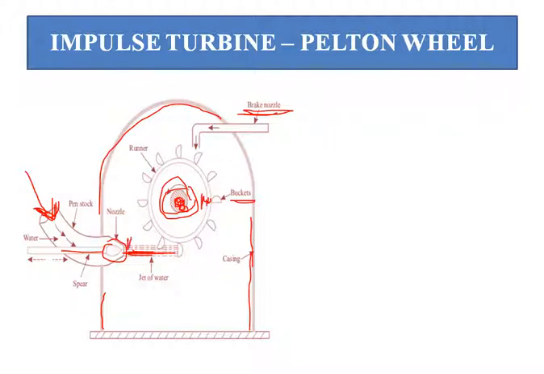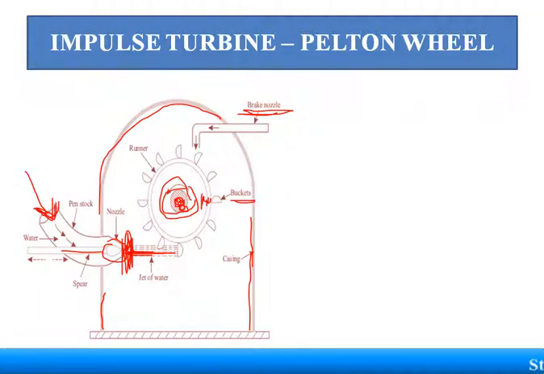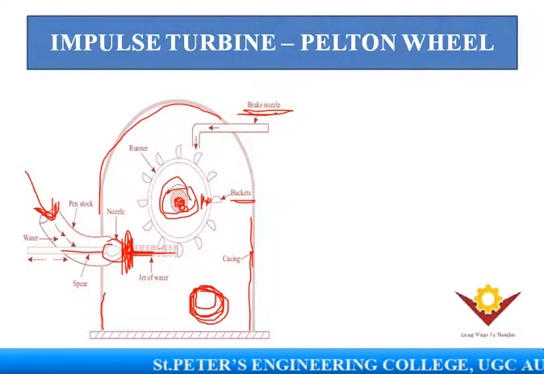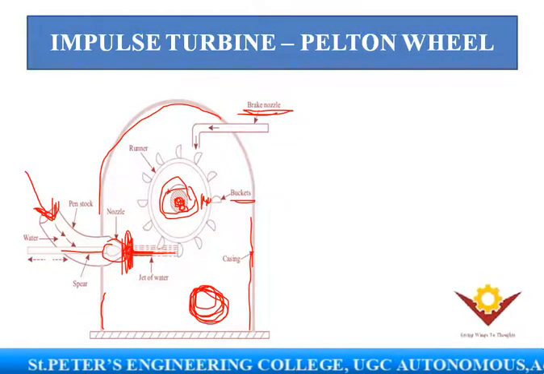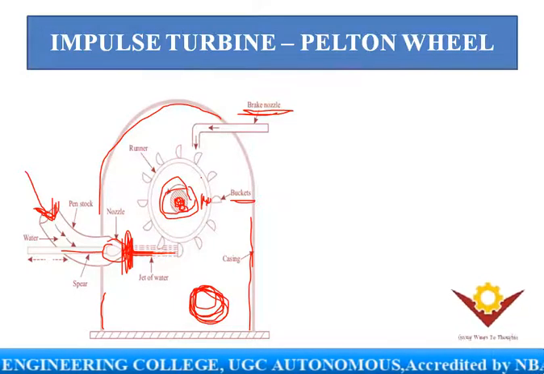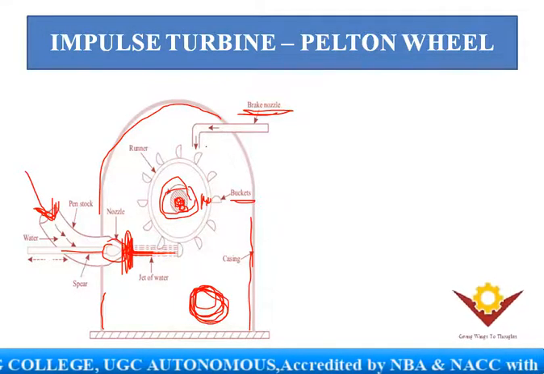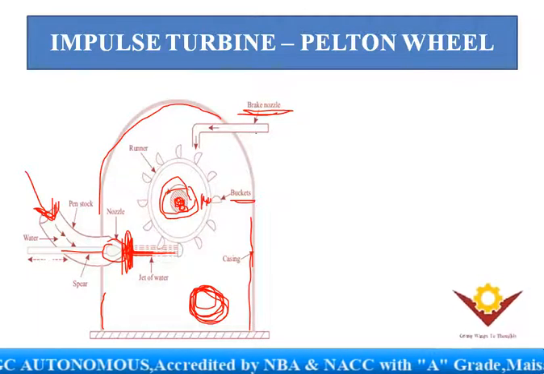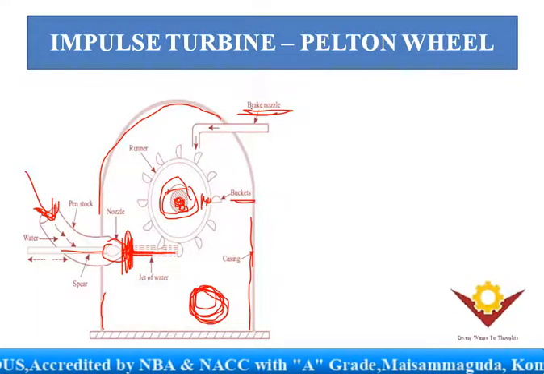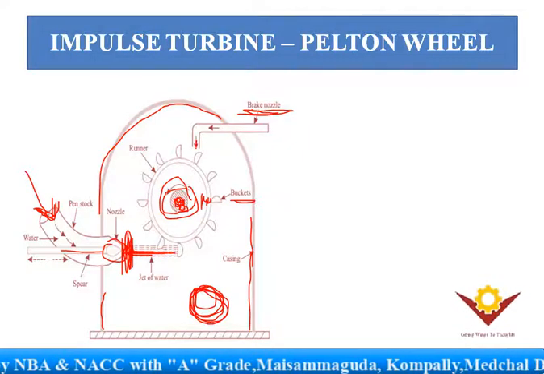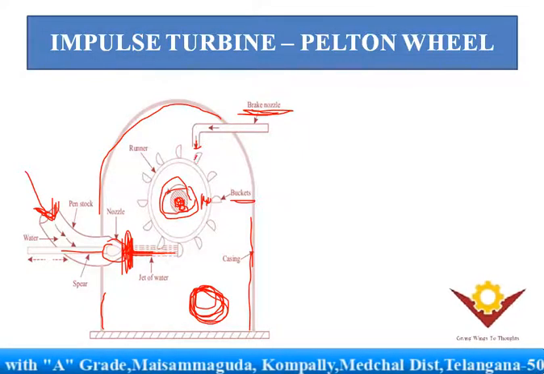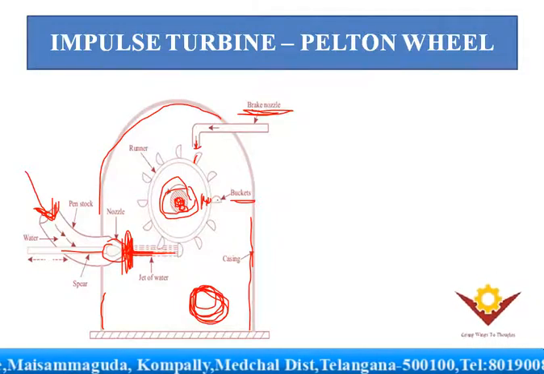For example, after you cut off your jet from the nozzle, your Pelton wheel will still rotate, just like your fan after switching it off. So in the same way, after cutting the jet, the Pelton wheel also rotates. To stop that rotation in an emergency, we use this brake nozzle, which will impinge a jet on the backside of your buckets.